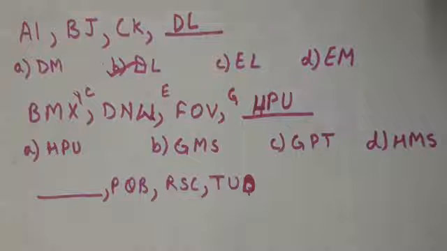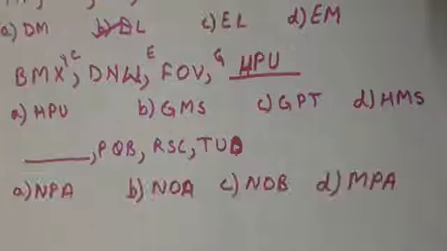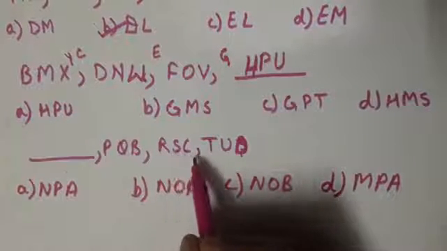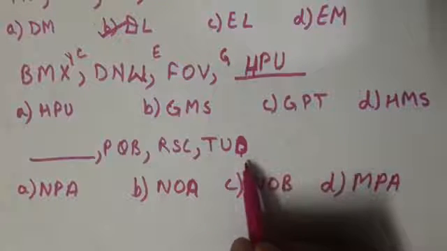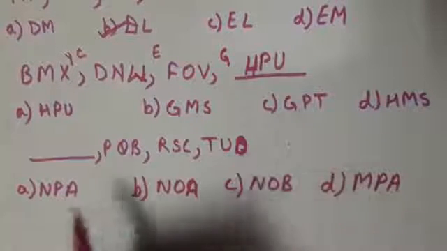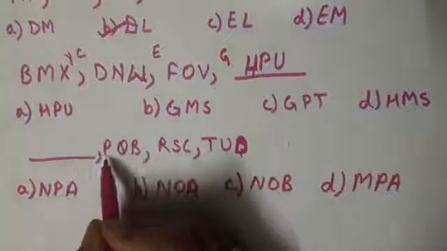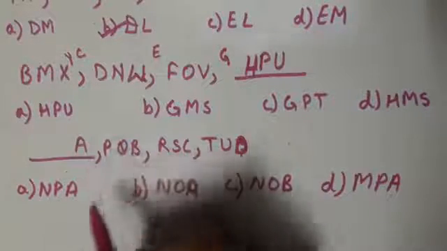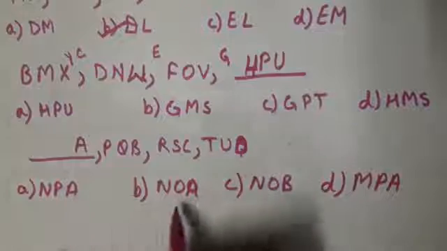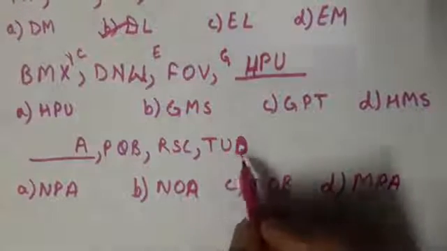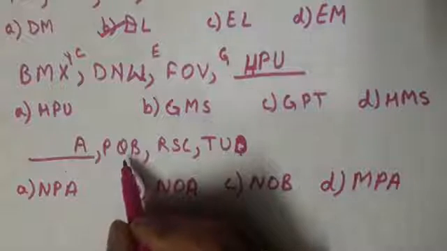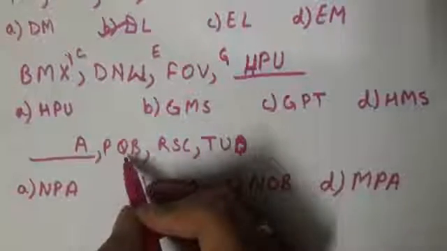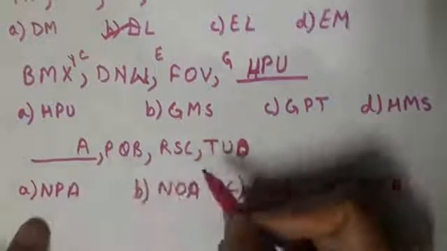Okay, now let's check the third one: PQB, RSC, TUD. So we can see B, C, D, so the first letter will be A. In this series of three letters, the last letter will be A. Then we check Q, R, S, T, U. Before Q what will come?